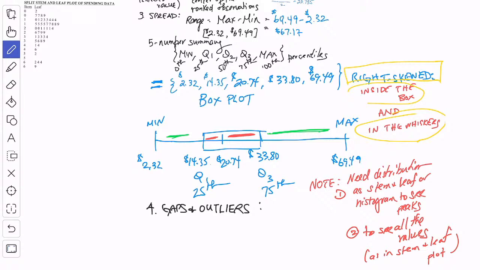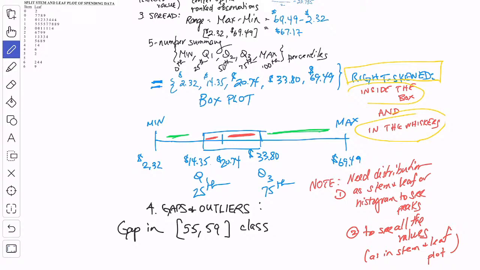The gap was found between, where was it? 55 to 59, right? You can write it like that. There's a gap in that class.